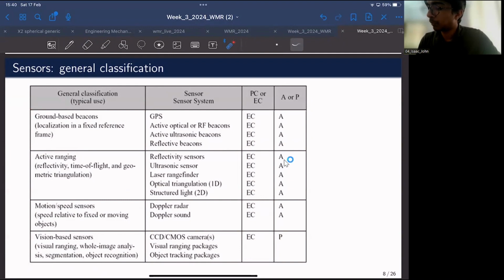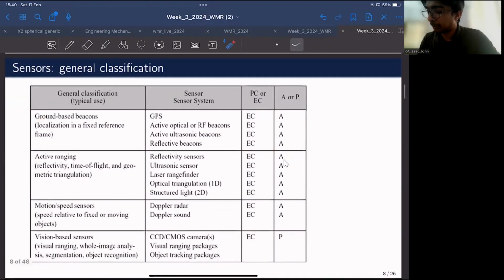So yeah, most of those things come under exteroceptive sensors because they also measure something that is external to a robot. And due to the fact that it also involves some sort of energy, those are all active sensors. For example, GPS emits radio waves that have to be received by a receiver. So in that regard, most cases of ground-based beacons are all active sensors.